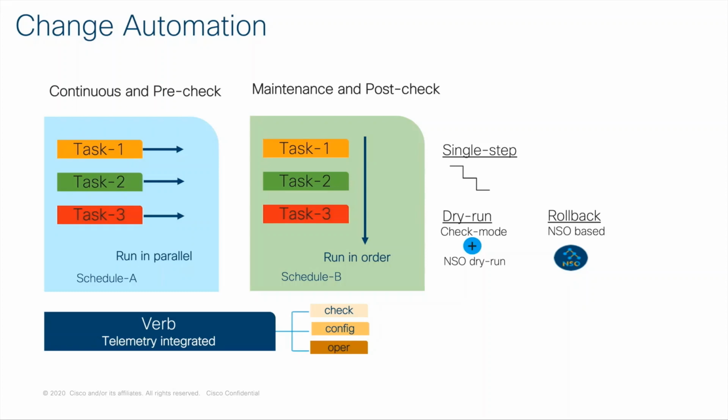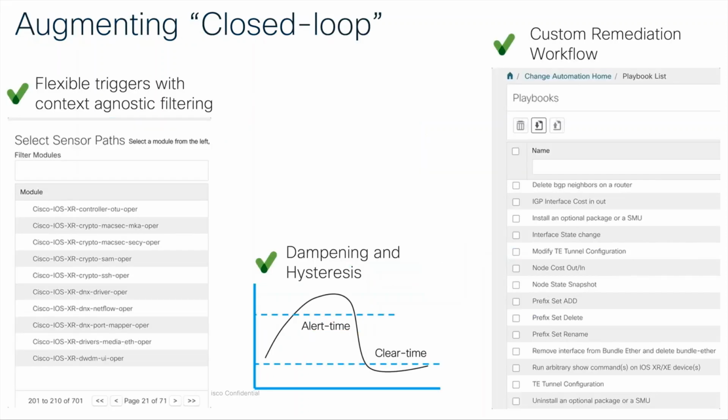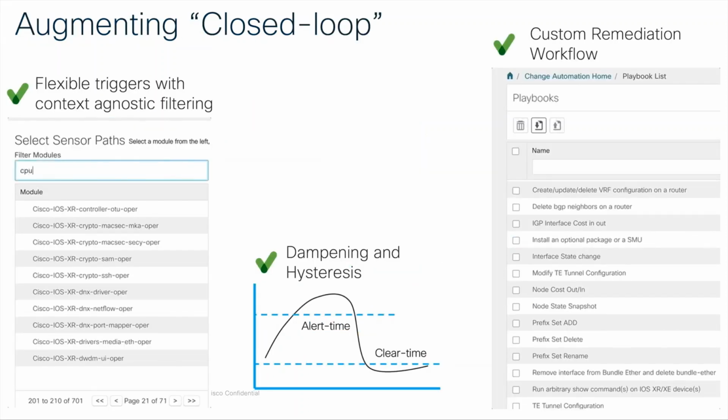When it comes to maintenance and post-check, they are executed serially, one after the other. And we have the concept of verbs, which are used in playbooks, which take away the complexity of your config changes, and you can just do it in plain English when you're trying to execute this playbook.